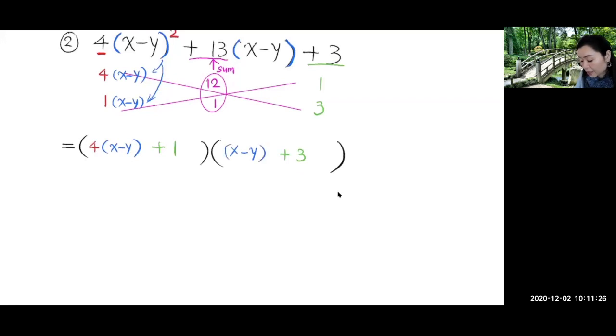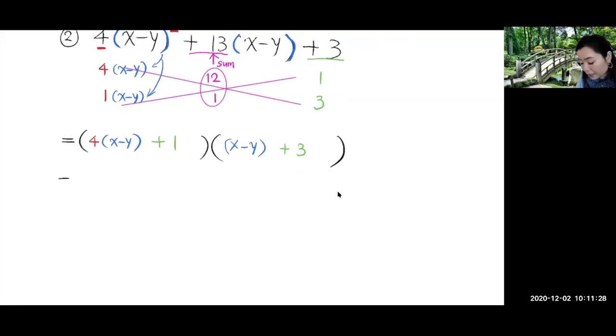Now after that, in the homework, they want you to distribute this 4 inside. So you have 4x minus 4y, and then plus 1. And this next factor will be x minus y plus 3.